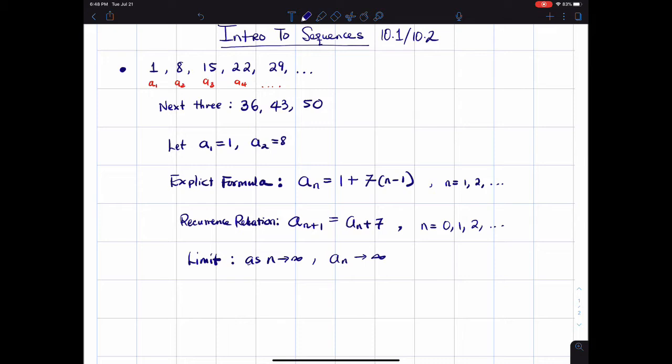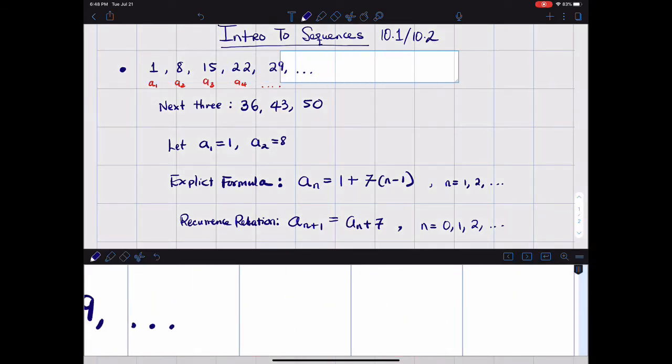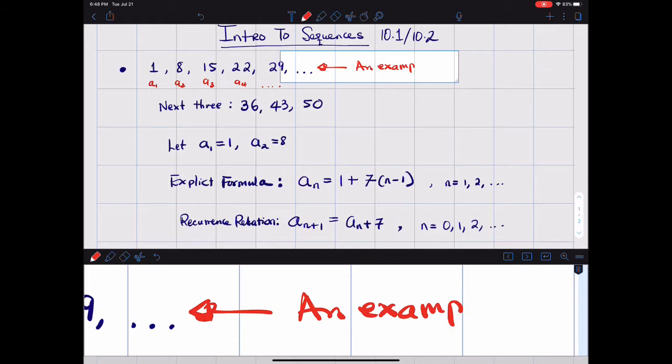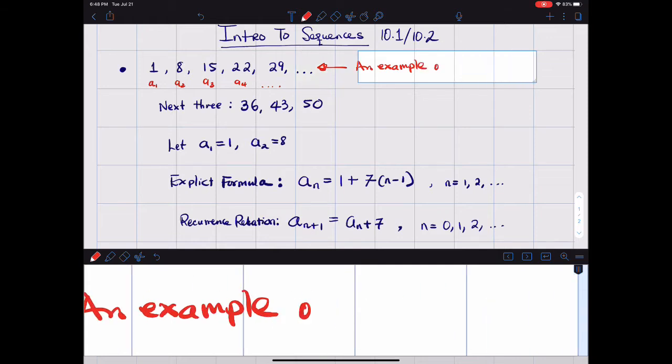There are a lot of well-studied formulations and well-studied characteristics of different kinds of sequences. So this is an example of a sequence.